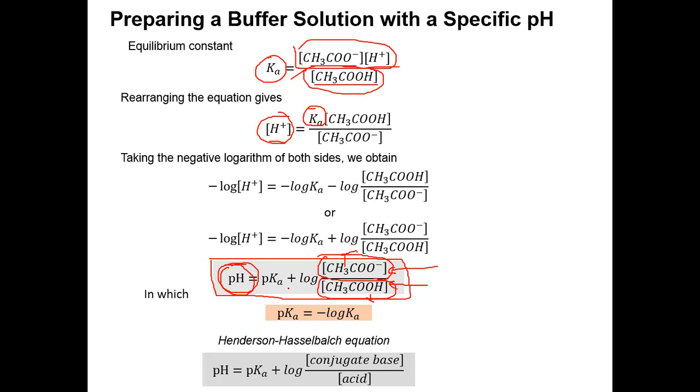And if you know pKa, then you can calculate pH, right? pKa is the same as minus log of Ka. We discussed already, pX is minus log x. The same thing is here, so pKa is minus log of Ka.